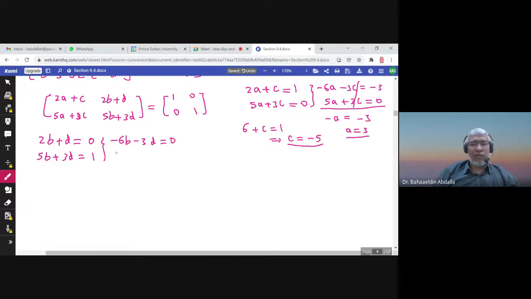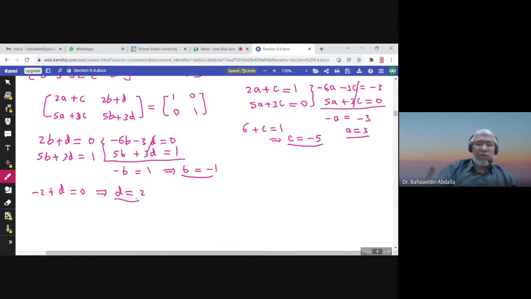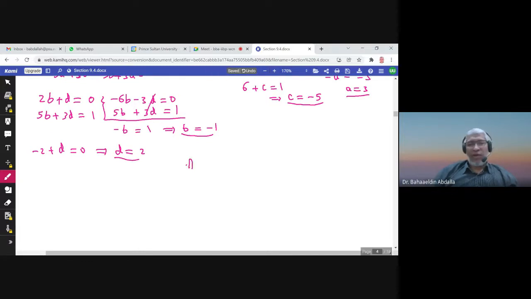Negative 3 times 0 is 0. Add the two equations. Negative b would be 1. So b is negative 1. So 2 times b, negative 2, plus d equals 0. So d is 2. So now I have A inverse.